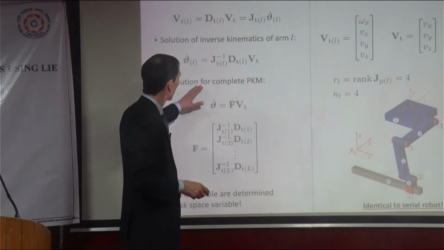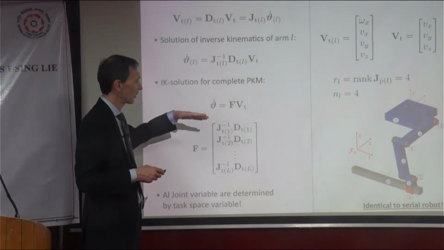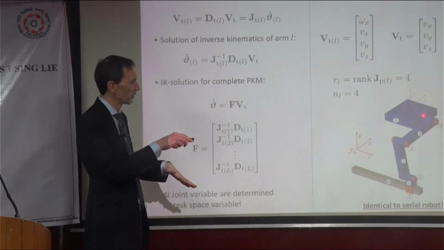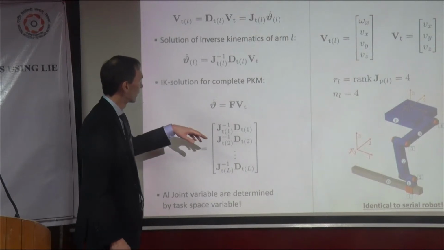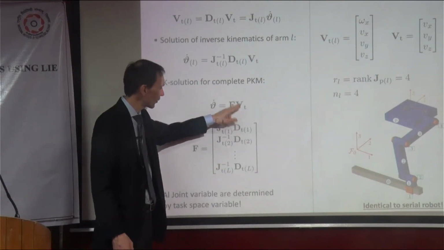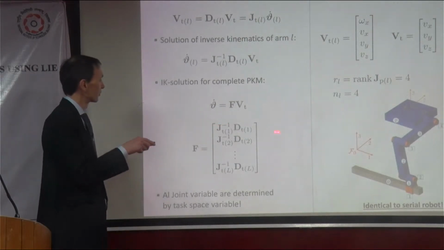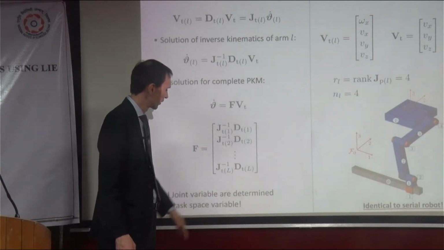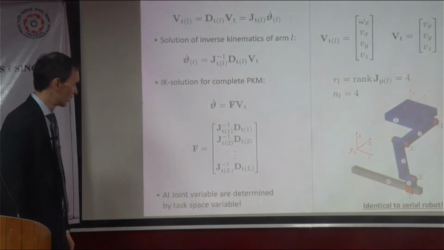And I can do this for all the limbs, which means I can express this. The big theta is just the theta of all the limbs. So I have the coordinates of the first one, second one, and so on, and of course I line them up. And I can compute them from the task space velocity with the matrix F. And F is just defined by lining up all these equations for the limbs, and the limbs go from 1 to capital L. And that's it.